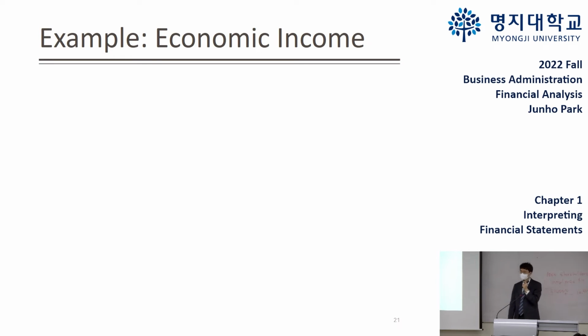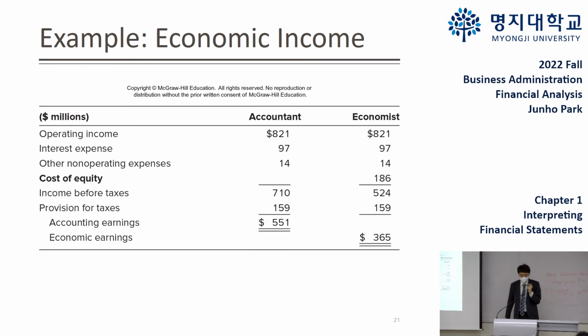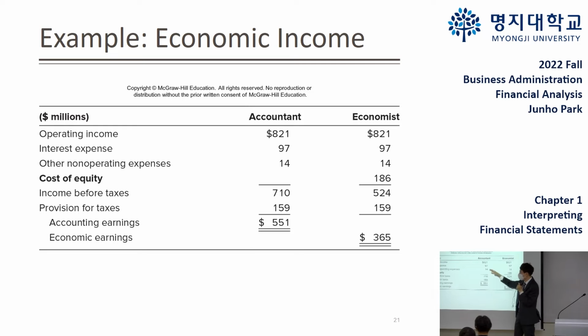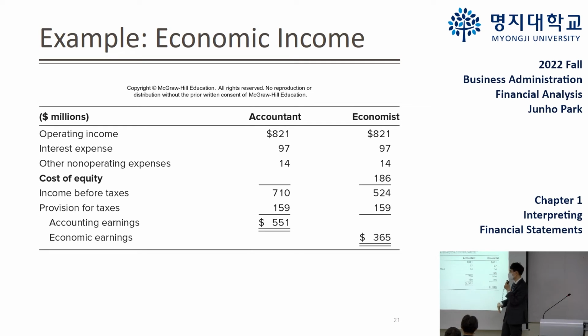Oh, so here's an example for a company. This table is also from the textbook, and we are considering an imaginary firm. From an accountant's point of view, we can calculate our earnings like this.